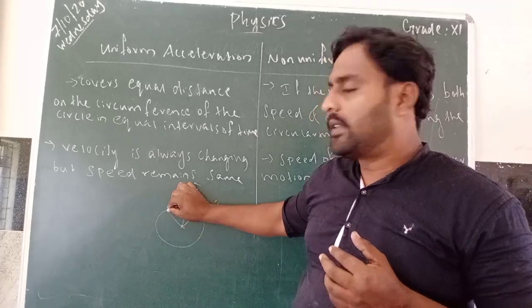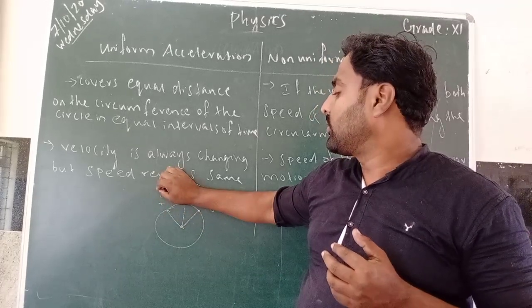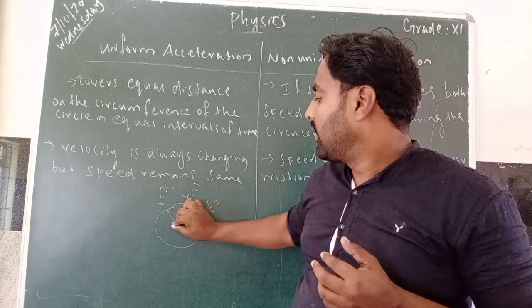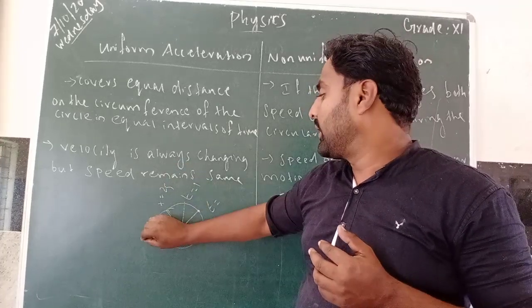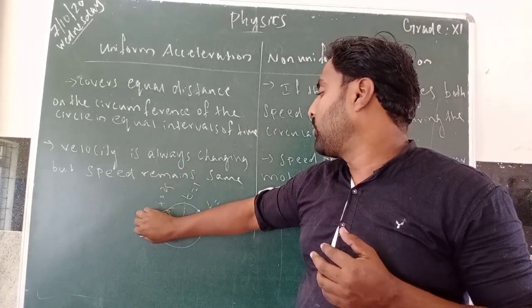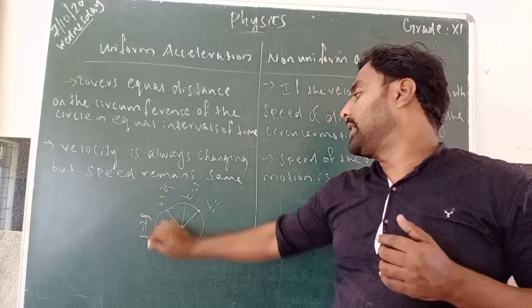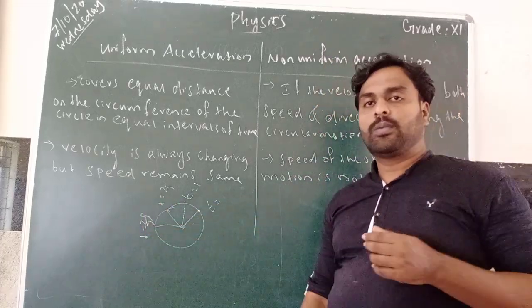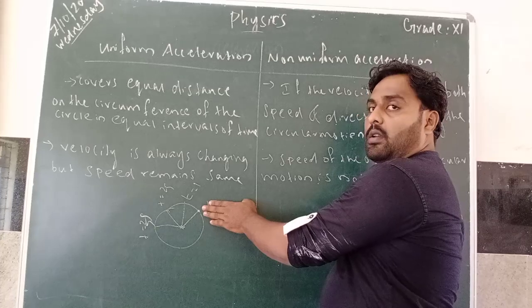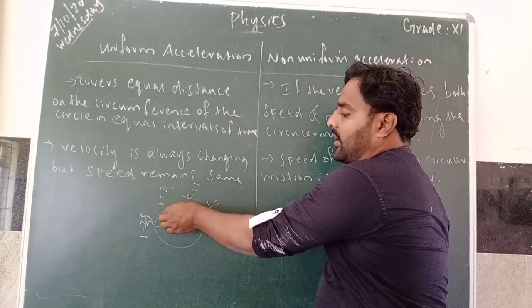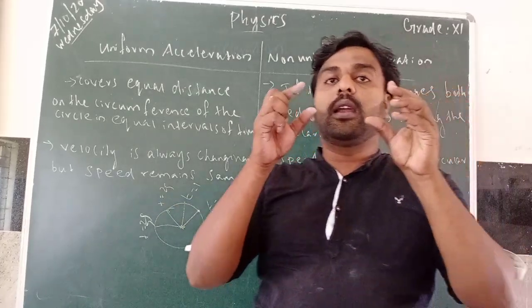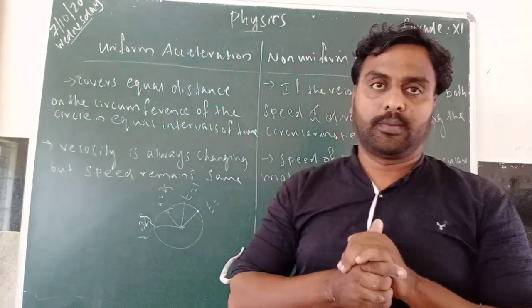Now the particle is shifted to another position, t equals 2 seconds. Now it shifts again, t equals 3 seconds. So starting from here, every 1 second it is covering the same distance.